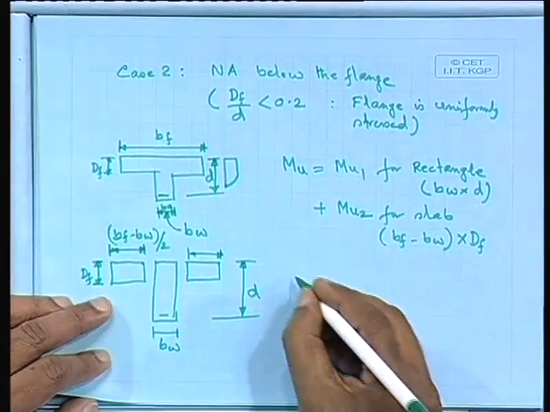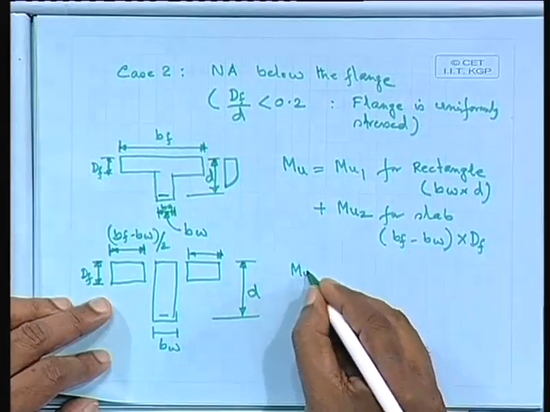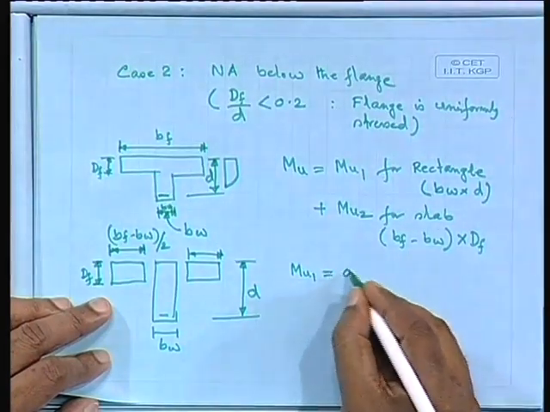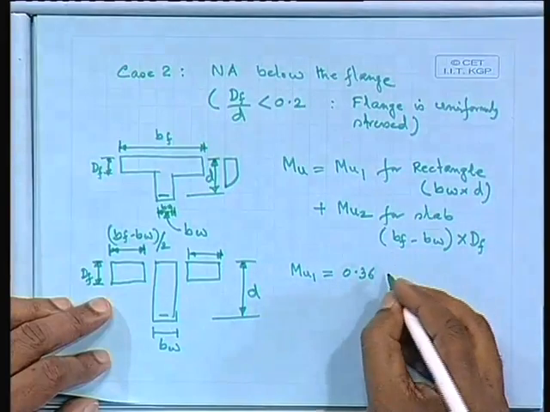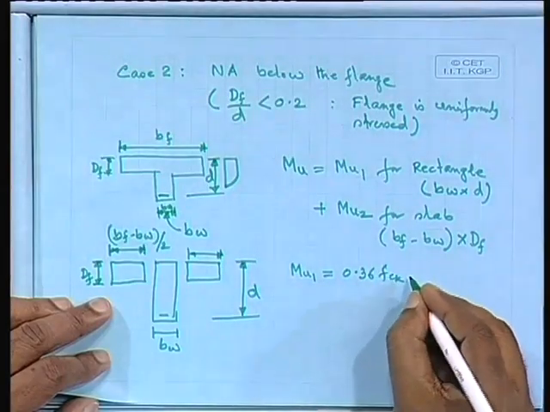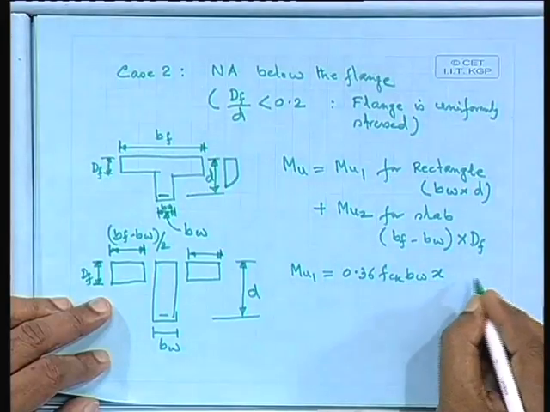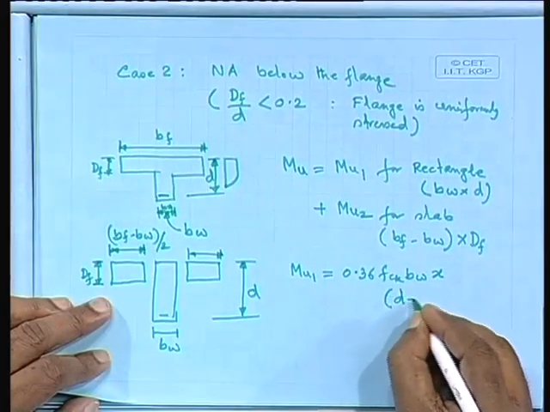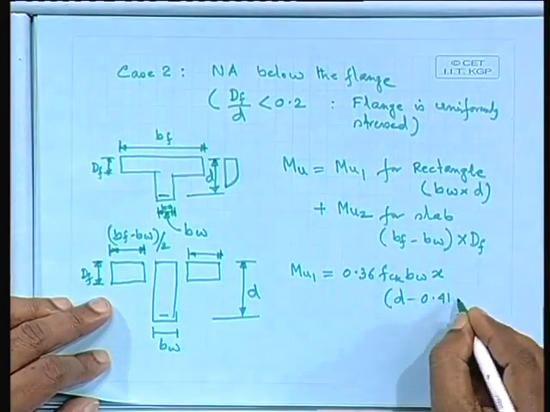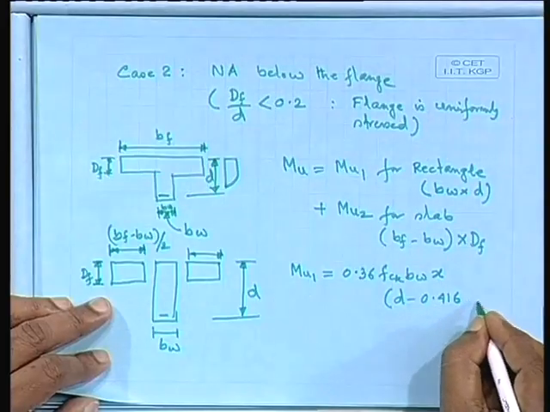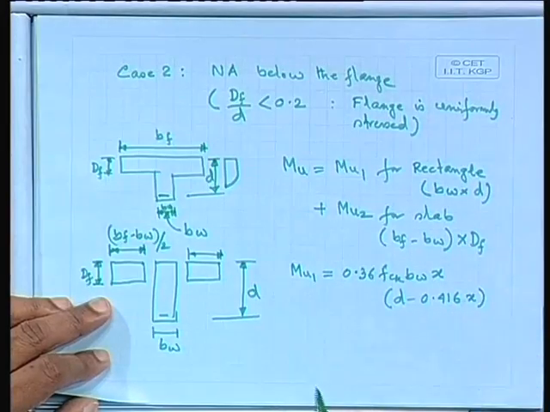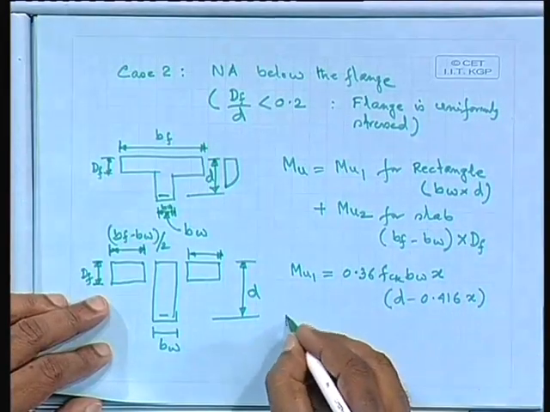So we can write down Mu1 equal to 0.36 fck bw times x times d minus 0.416 x. What about Mu2?